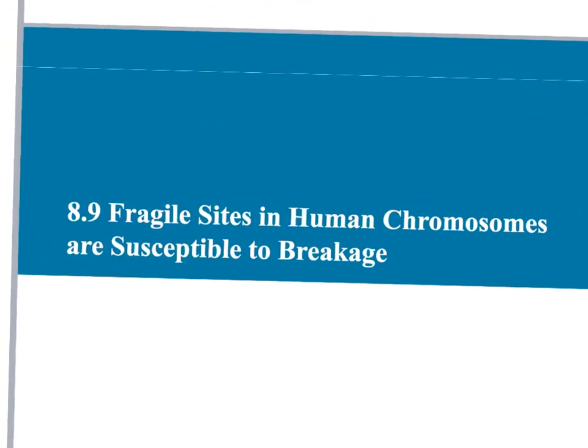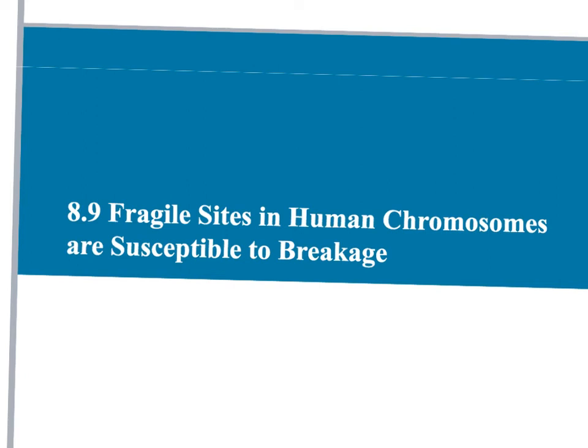Well, there's fragile sites. So we saw a lot of chromosome changes: deletions, duplications, translocations, and what's happening in each of those is that the chromosome is breaking. Really, there are fragile sites in human chromosomes, and those fragile sites are more susceptible to breaking.